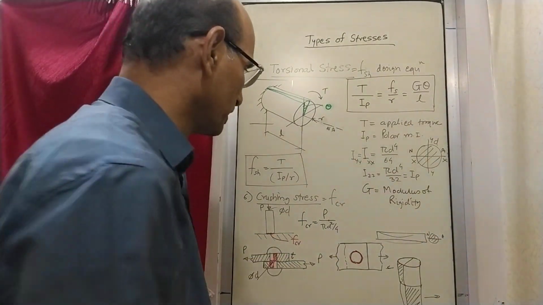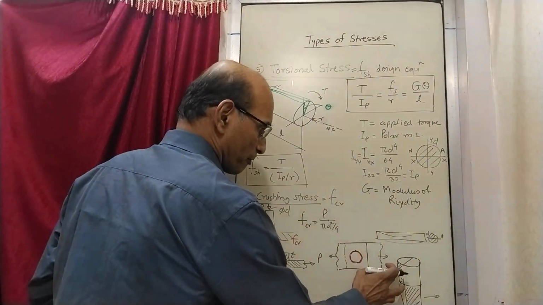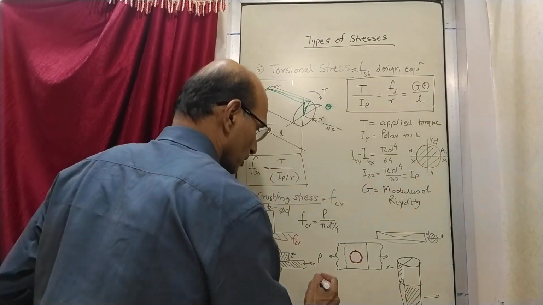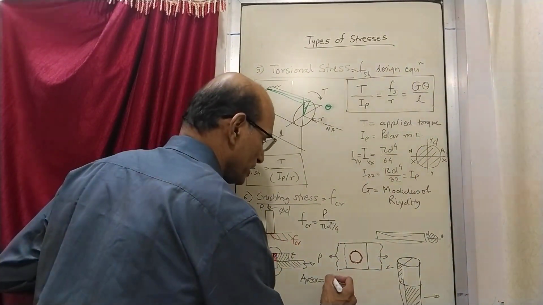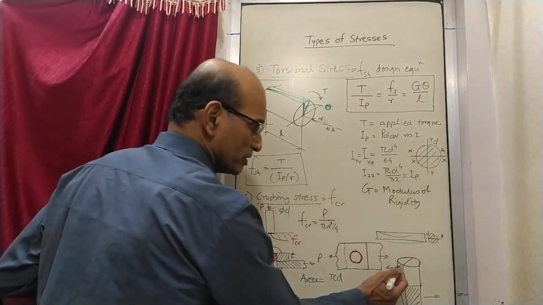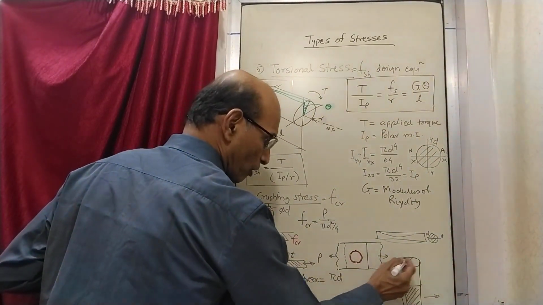If you draw it here, what is the surface area of this curved surface? The area I'll write here: area is equal to pi d. Pi d is the full circumference, but we want to take half.